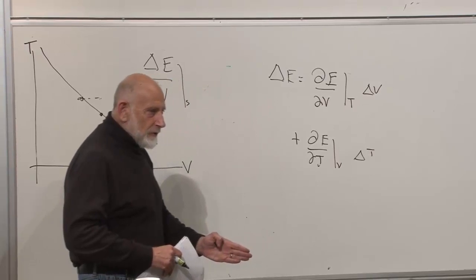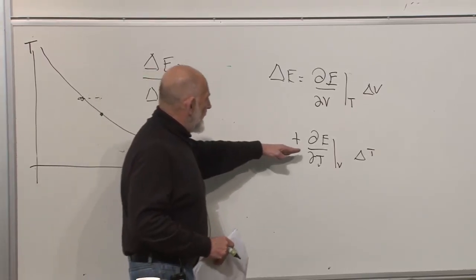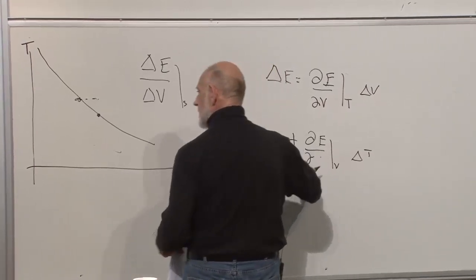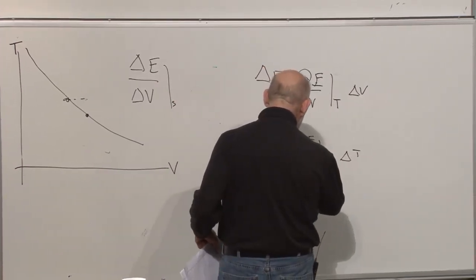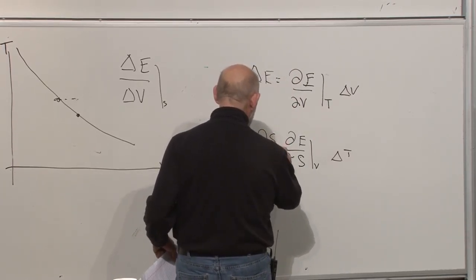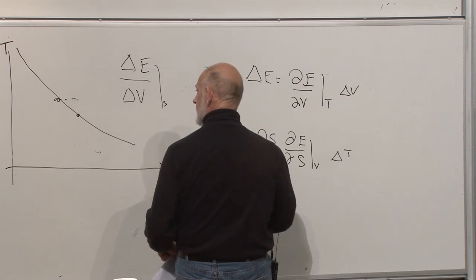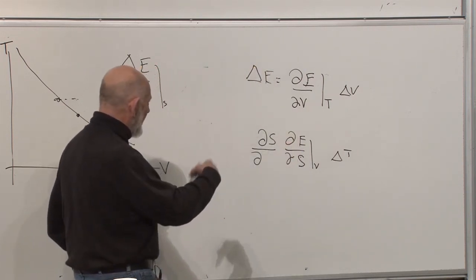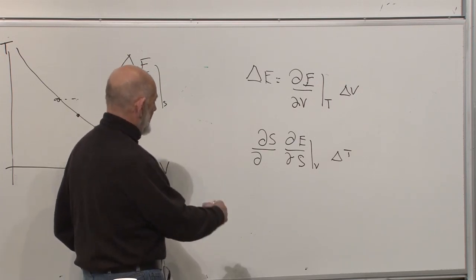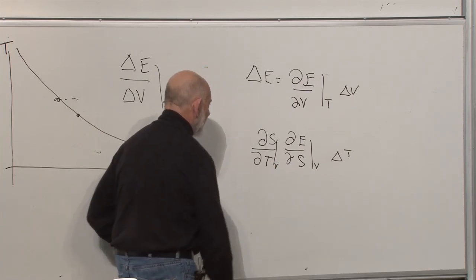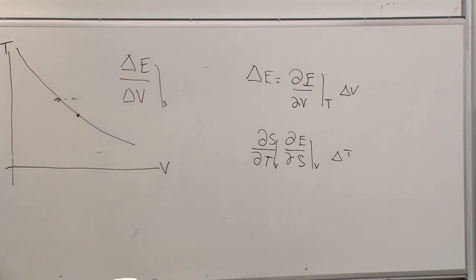So think of the volume as fixed, and dE by dT at constant volume is the same as dE by dS at constant volume times dS by dT, also at constant volume. Okay, so here I have my dE by dS at constant volume.